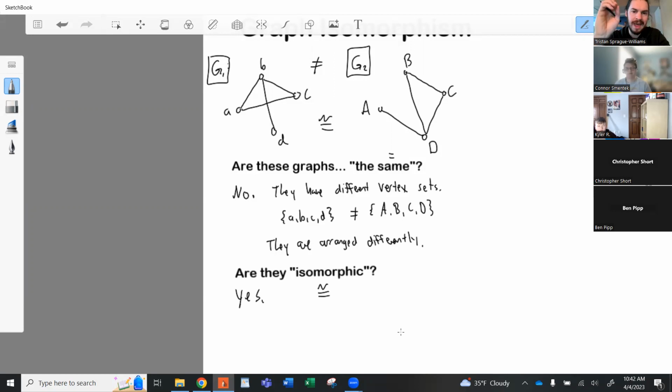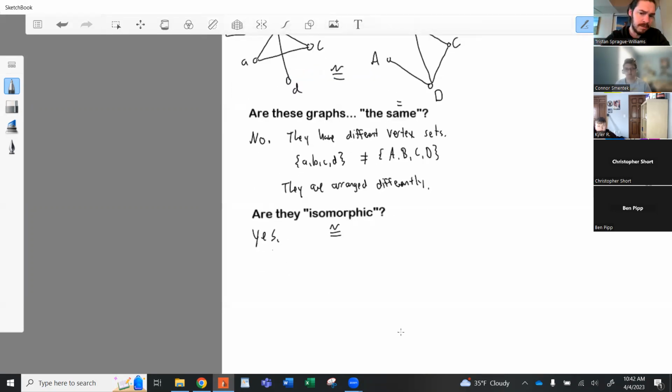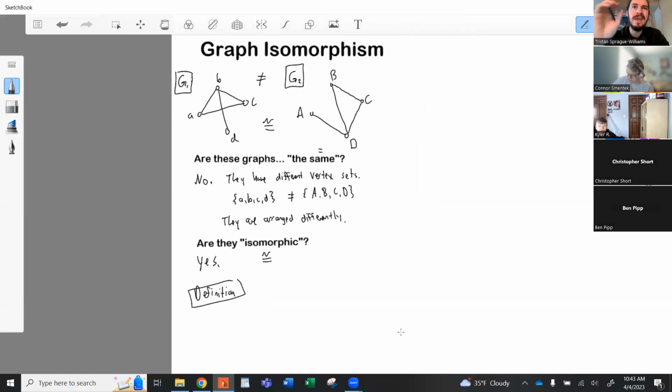And what isomorphic means, in casual terms, is that you can rearrange one of the graphs without breaking anything or removing or adding anything. You can rearrange it so that it looks exactly like the other one.